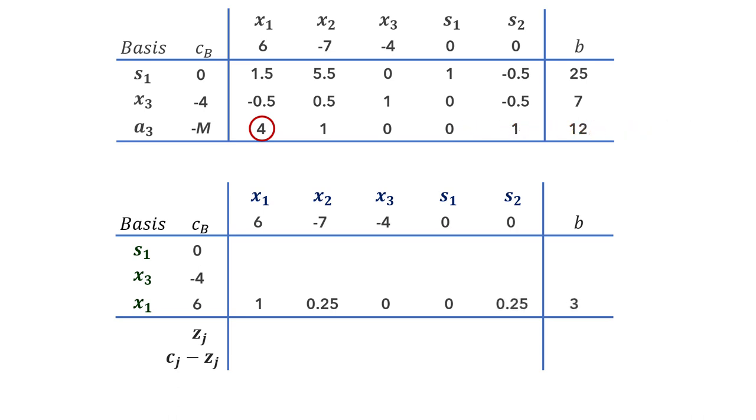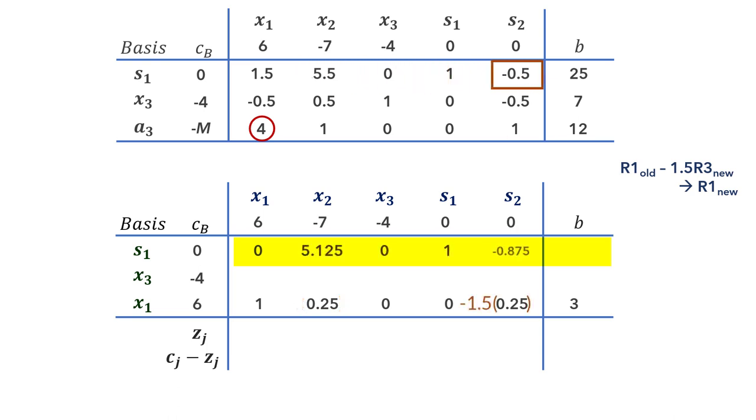To make this 1.5 position 0 in the new tableau, we subtract 1.5 times the new row 3. So 1.5 minus 1.5 times 1 is 0. 5.5 minus 1.5 times 0.25 is 5.125. 0, 1, negative 0.875, and 20.5.